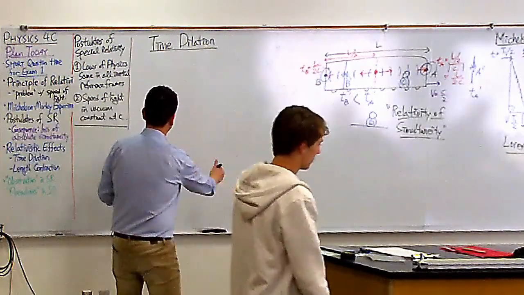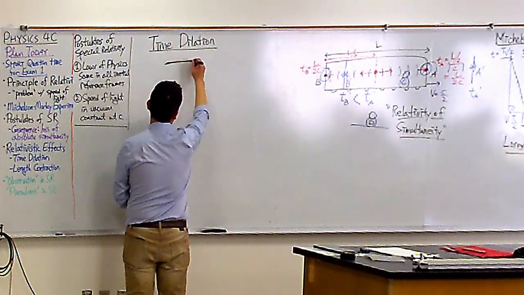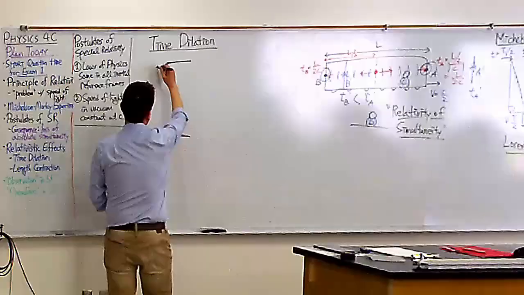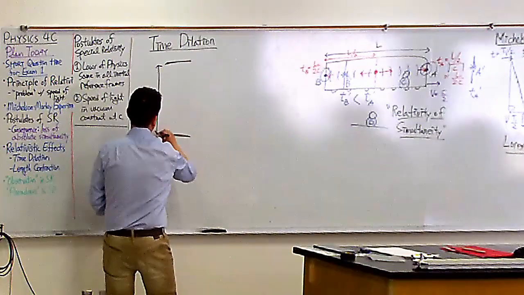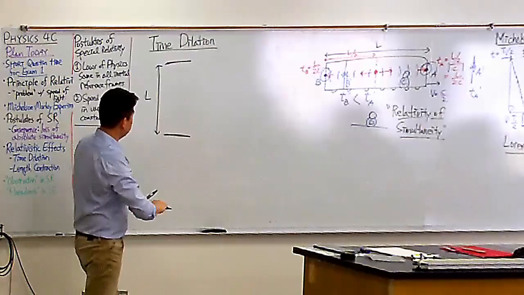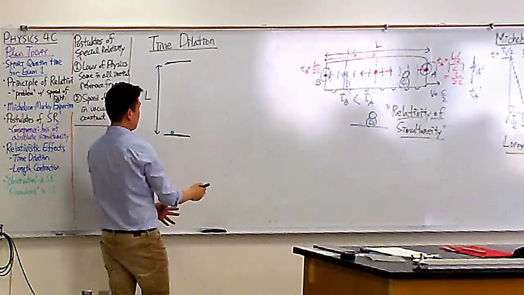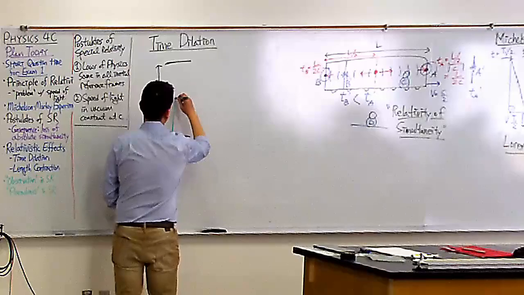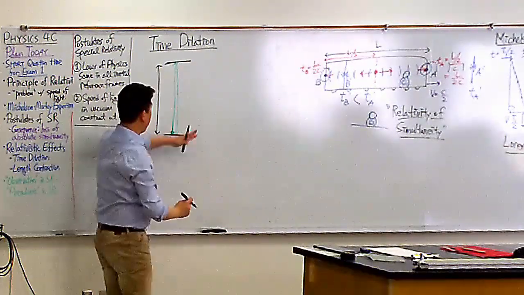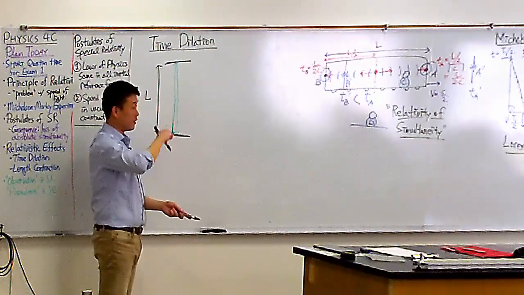I have one mirror here, I have another mirror here, and if these two mirrors are separated by distance L, then when I have a light beam or pulse here, it bounces up, bounces from here, comes down, then I can use that round trip as my ticking of a clock.